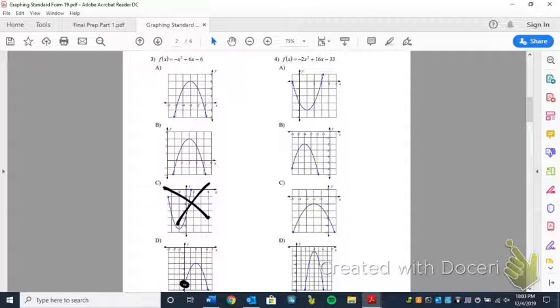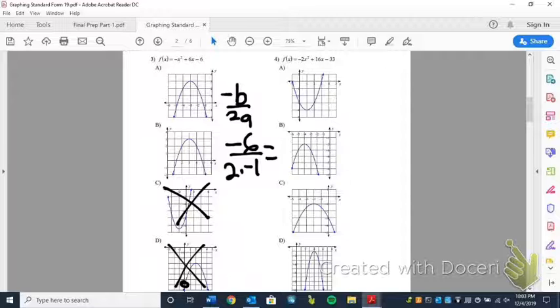So that means we can get rid of D. So that leaves B and A. Now notice that B and A are basically the exact same graph, except one has an axis of symmetry at negative 3, and one has an axis of symmetry at positive 3. So we have negative b over 2a equals negative 6 over 2 times negative 1. That gives us negative 6 over negative 2, or positive 3, which means that B is our answer.